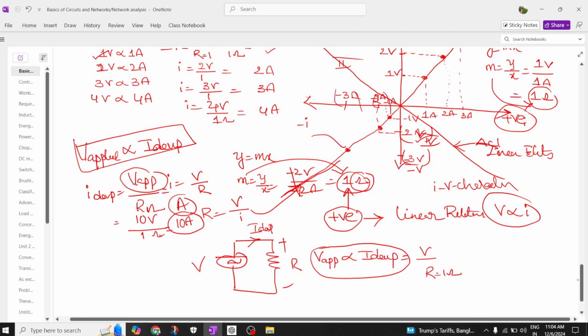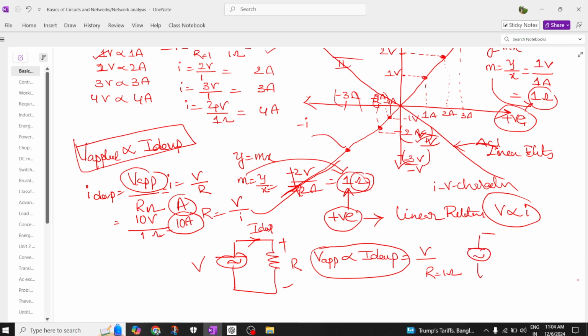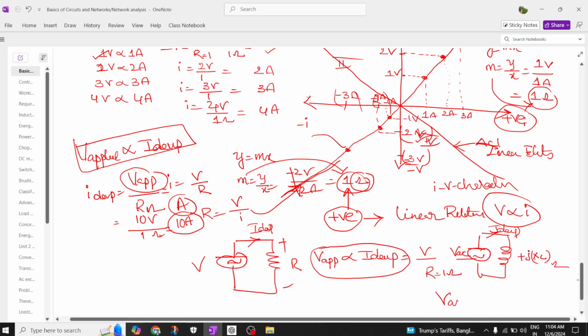Similarly, you have an AC supply and you are applying it to an inductor, which can be written as plus JXL ohms. What you applied is AC supply. So what is developed? Current is developed. How is current developed?